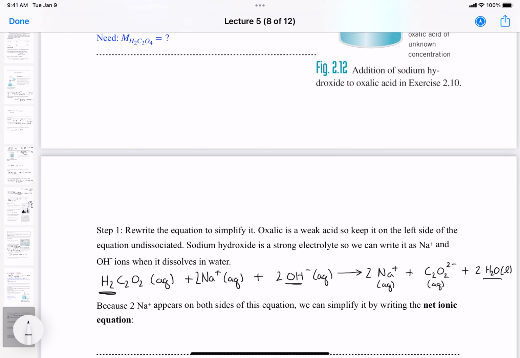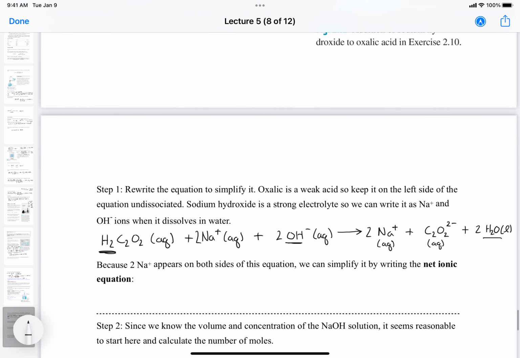Okay, so now since 2 sodium appears on both sides of the equation, we can simplify this equation because they cancel out. They are spectator ions, they are actually not doing anything in the reaction, they are just part of the solution.